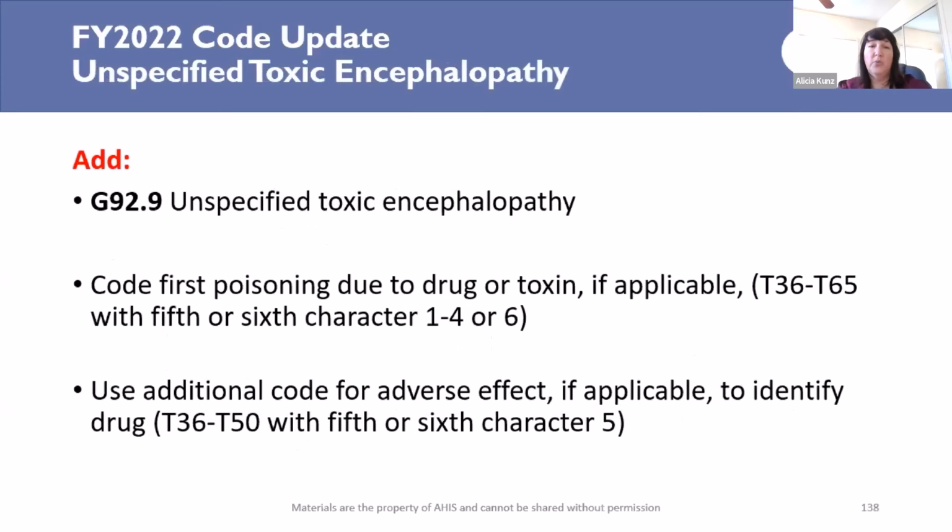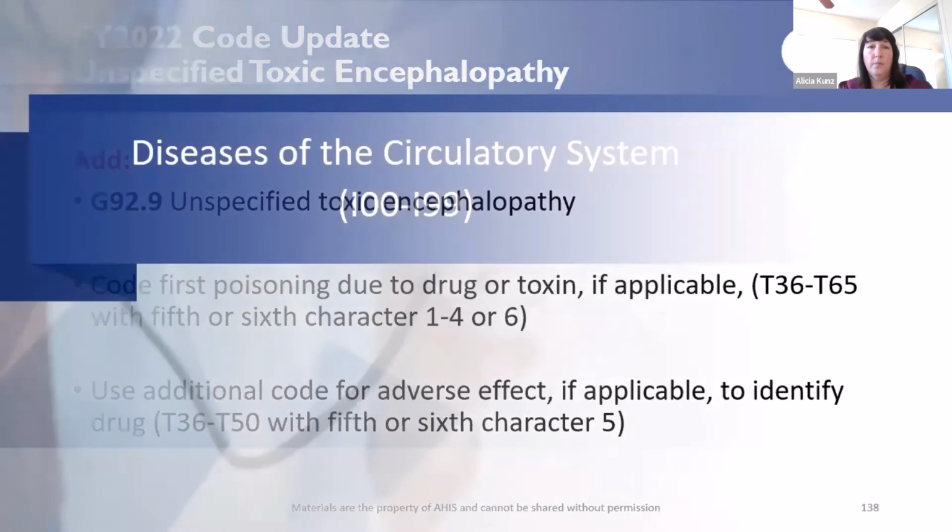And then G92.9 is unspecified toxic encephalopathy, and the same coding instructions apply as the prior code for G92.8 for poisoning due to drug or toxin or adverse effect due to drug or toxin. Next.